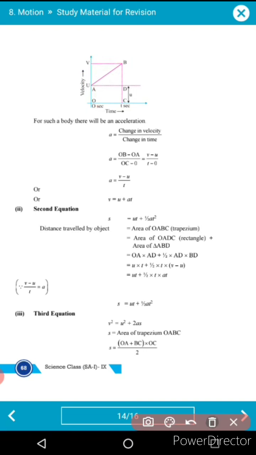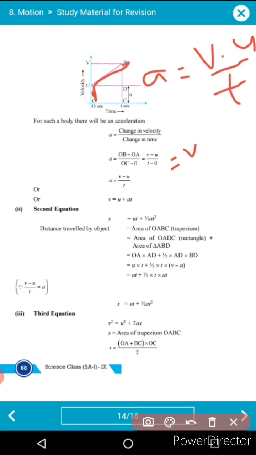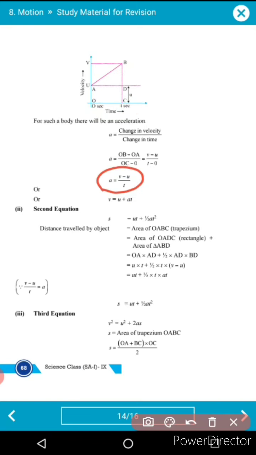So we have to apply acceleration equals final velocity minus initial velocity upon time. The final velocity is OB and the initial velocity is OA. So OB is v minus u upon the final time t and initial time 0, then t minus 0. After solving this, we get a equal to v minus u upon t.